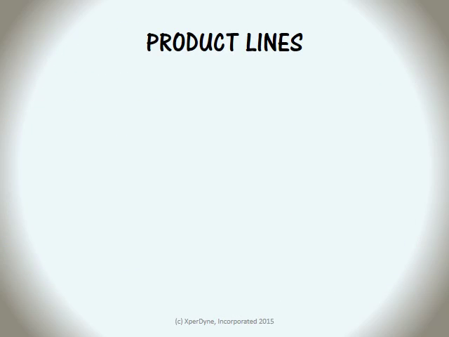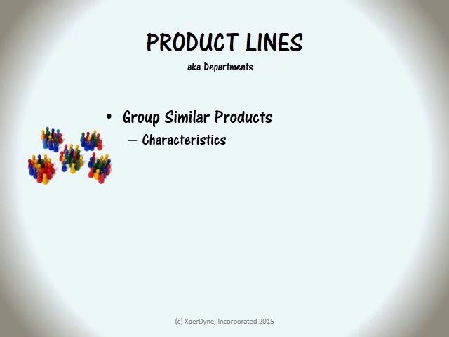Determining the correct number of product lines, or departments as they are sometimes known, depends on the business. A product line typically consists of products with similar physical characteristics, business processes, or gross margins. In our previous example, tires, oil changes, and air filters each made for natural product lines.